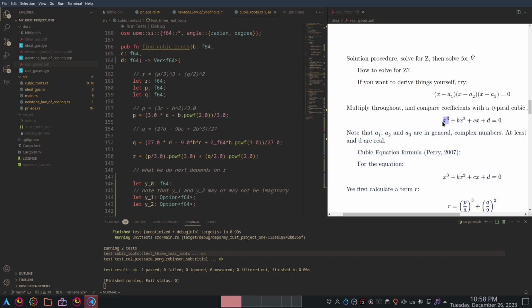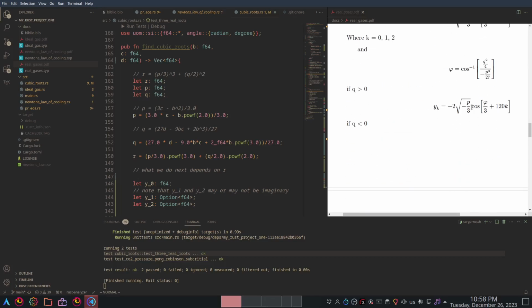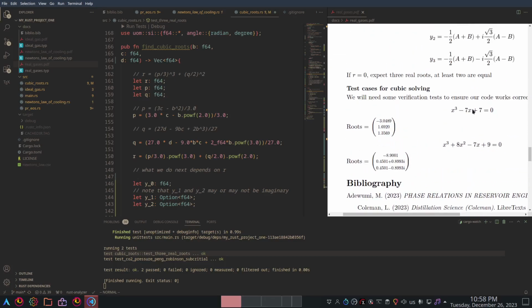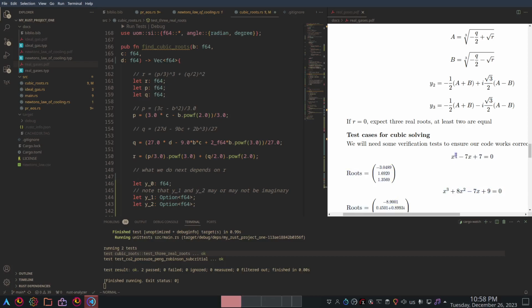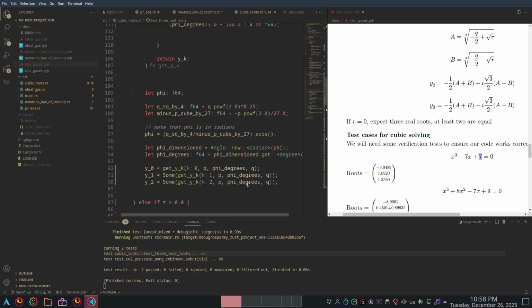That is the leading coefficient, the coefficient of the x cubed term. It should be 1. So B, C, and D are the coefficients of x squared, x and the constant respectively, or x to the power of 0. So B is 0, C is -7, D is 7. Okay, so let's try that.